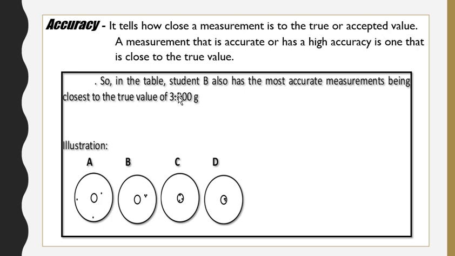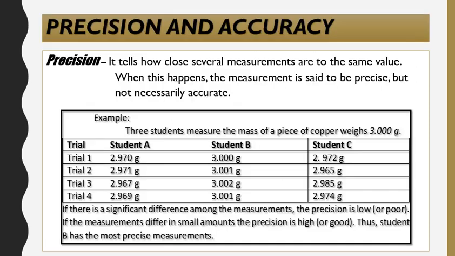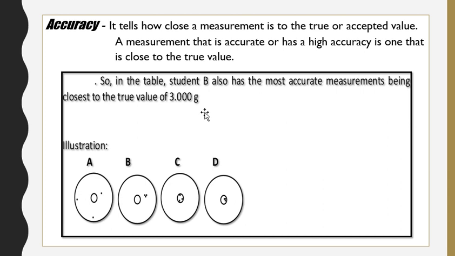The measurement of the copper weighs 3.00 gram, which is our accepted value, right? Since student B has good precision, in terms of accuracy, student B also has the most accurate measurements because in trial 1 already he got 3.00 gram, which is our true or accepted value.